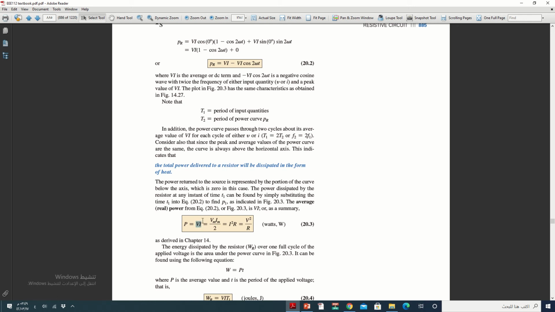When we convert to peak, it becomes Vm divided by root 2, Im divided by root 2, root 2 by root 2 becomes 2.